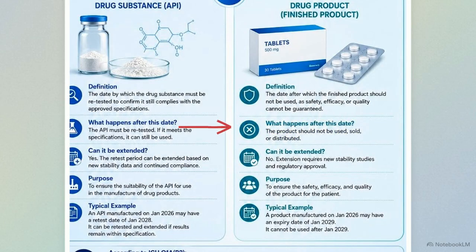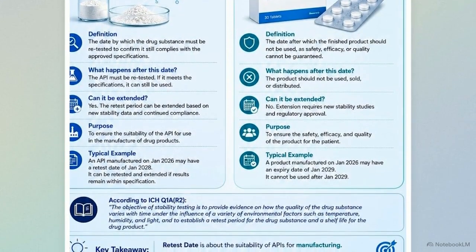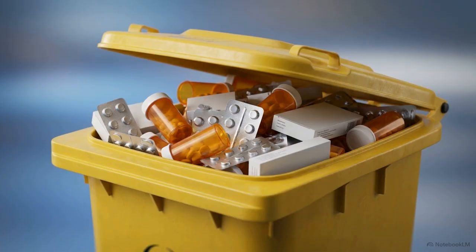Absolutely no retesting is allowed by quality assurance or the pharmacy. Exceptions are essentially impossible. Extending an expiry date on a finished product would require entirely new stability studies and high-level regulatory approval, which is completely unfeasible for standard commercial batches. The only required outcome upon reaching this date is the mandatory and complete disposal of the medication batch.